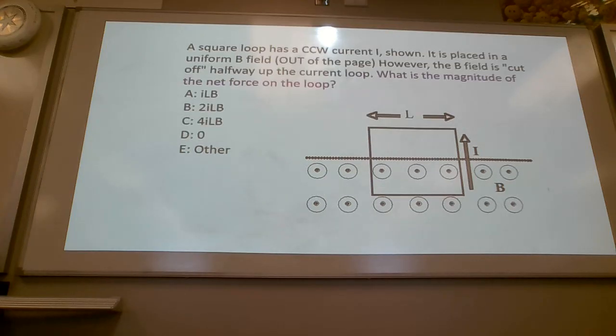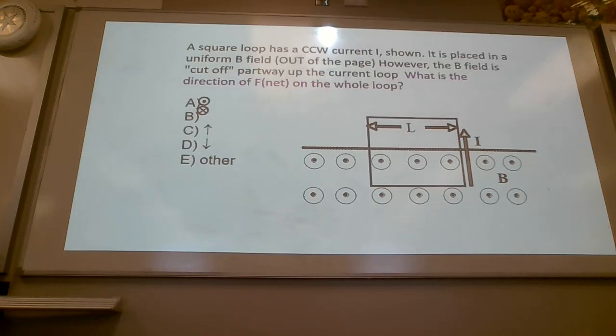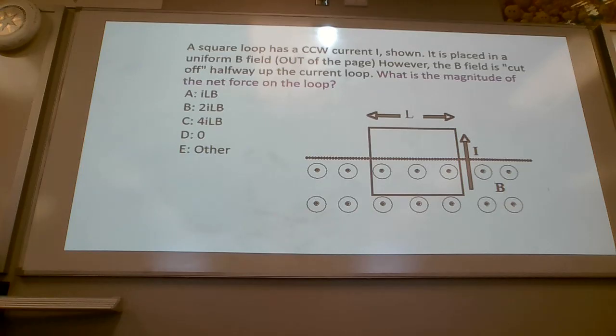What is the direction of net force? Yes. What is the magnitude of net force on? Oh, magnitude. Got it. Gave that away.